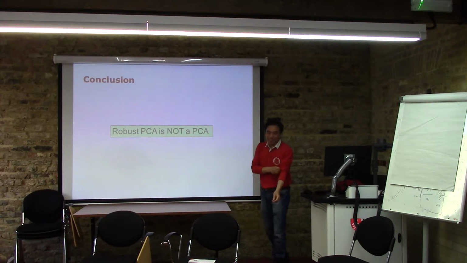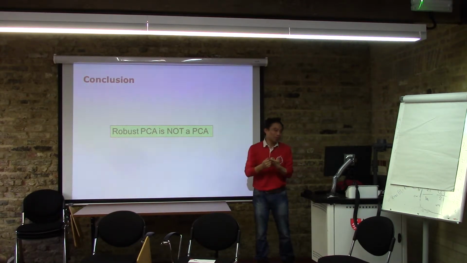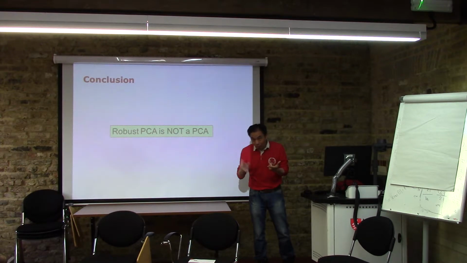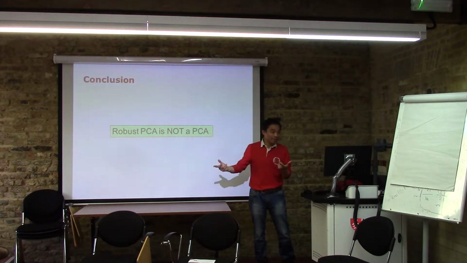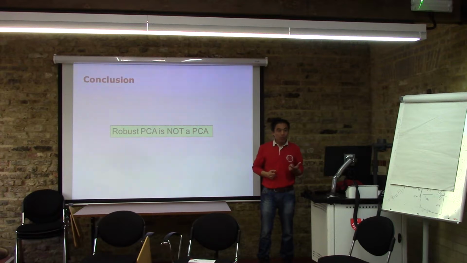So for the motivation, PCA is motivated by dimension reduction and orthogonal transformation. And later on, PCA is applied to classification, clustering, and regression. And in the applications, we have found some problems, the sensitivity to noise.